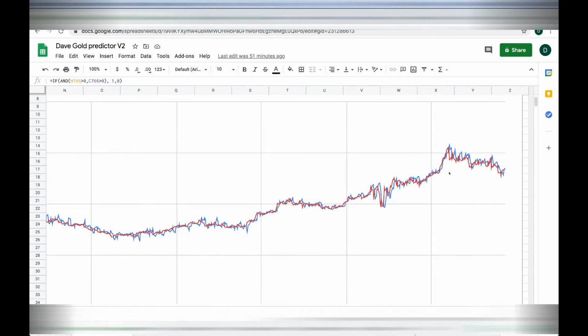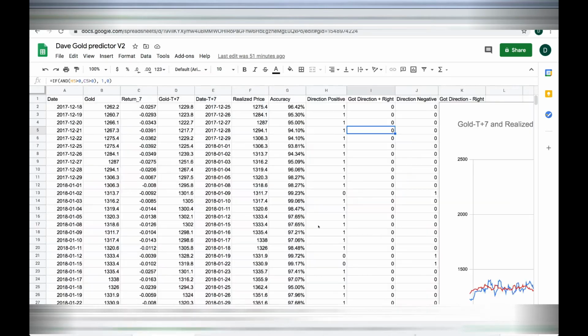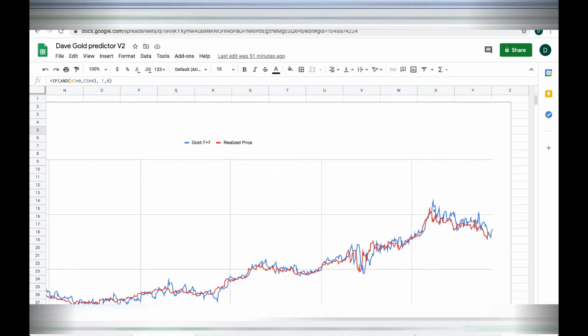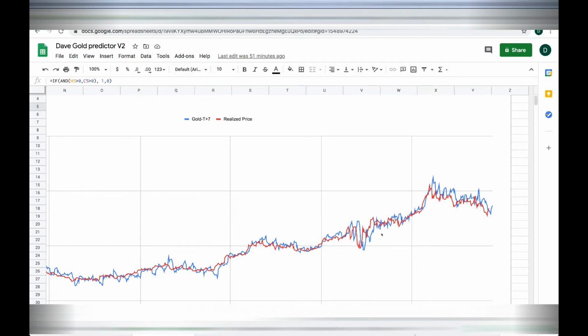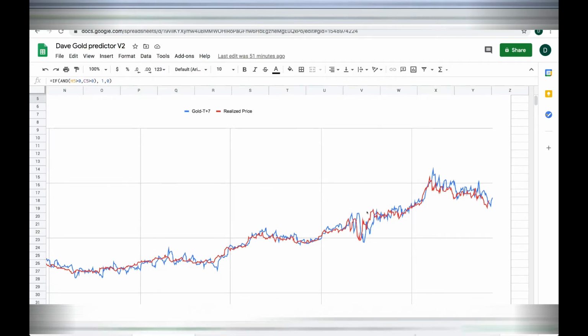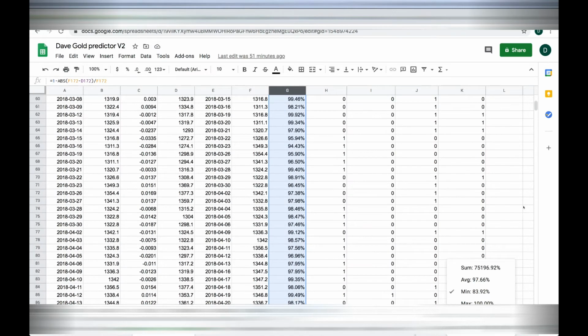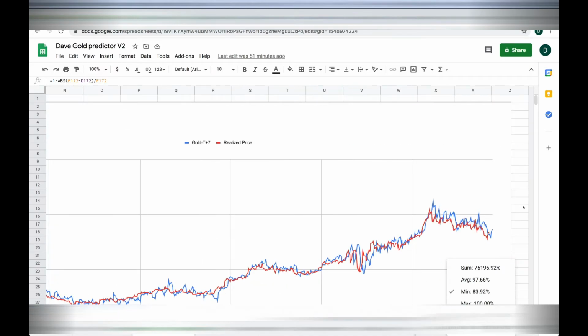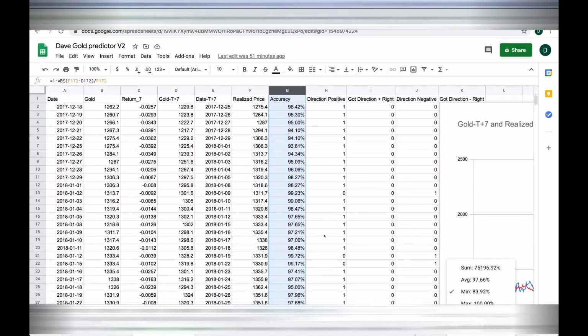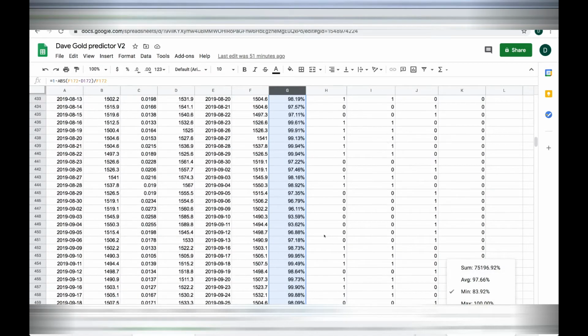As you can see here, this is the 7-day, and it was very, very consistent. There were no inconsistencies in the model, and it was accurate. I'm getting close to 97.6% accuracy for a 7-day prediction, which is pretty good.